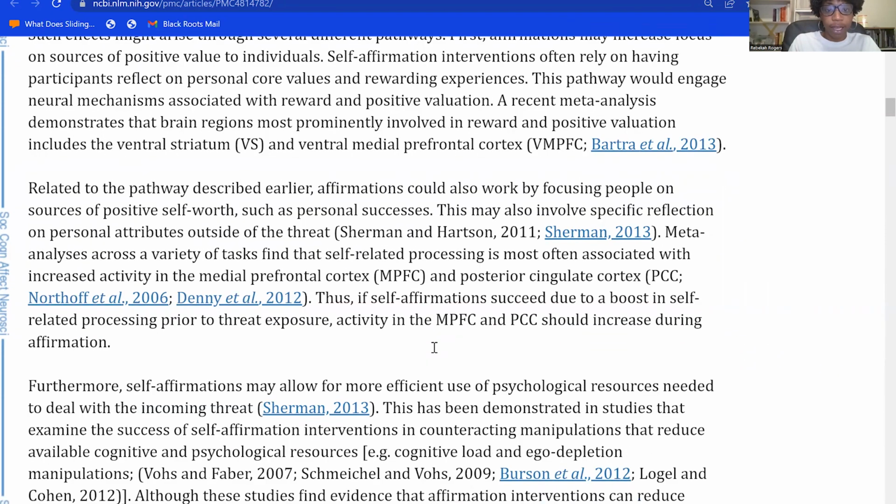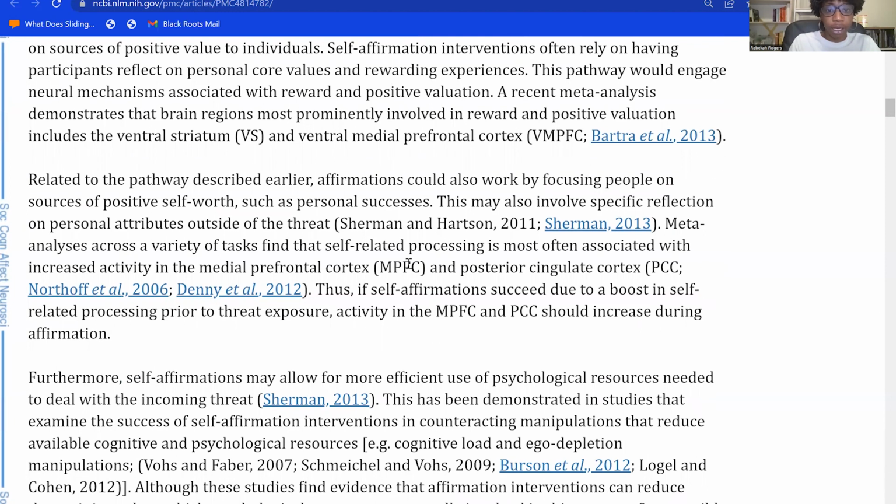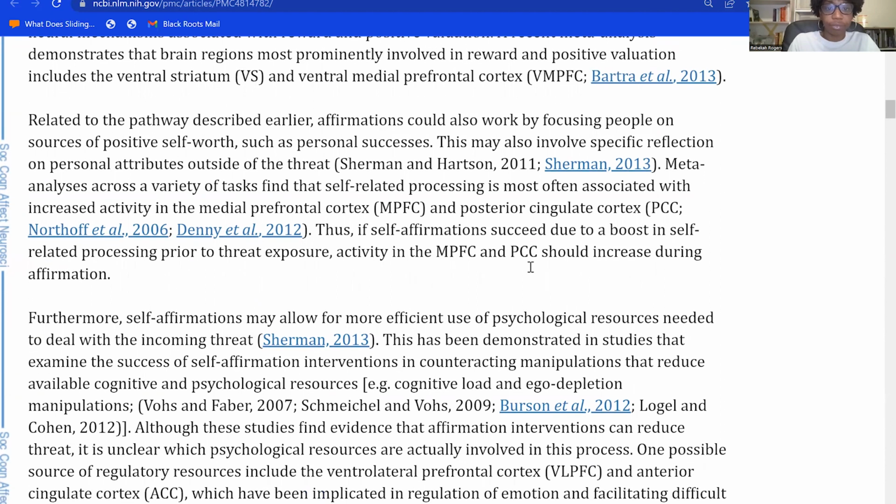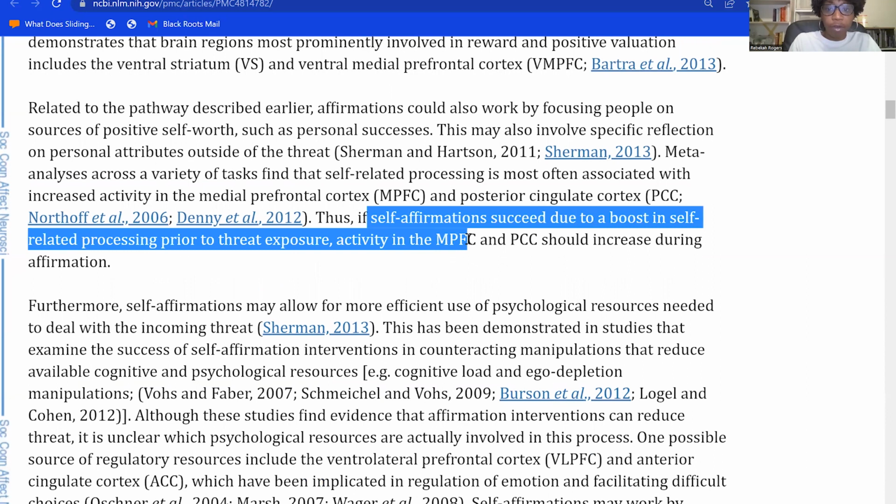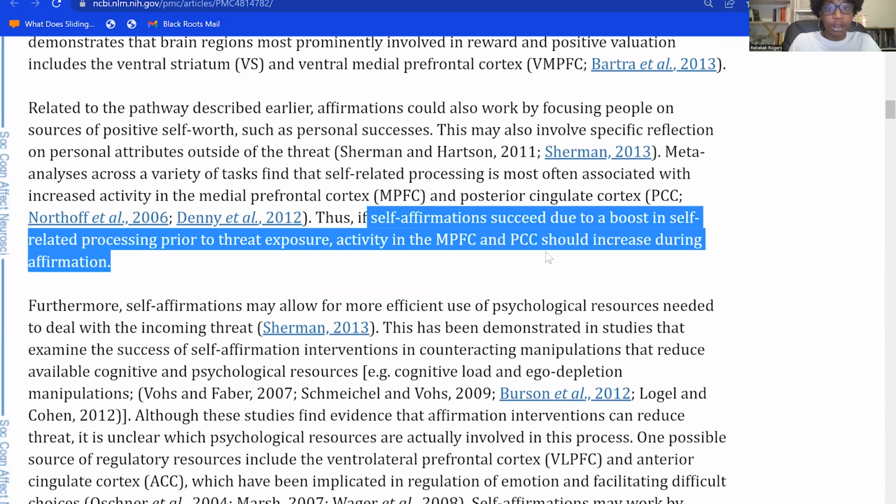Meta-analyses find self-related processing most often associated with, okay, so now we have the medial prefrontal cortex and posterior cingulate cortex. So now we've got at least four different areas of the brain that they're going to be looking at, and they have the research to talk about why or where those areas of the brain came from. So if self-affirmation succeeds, activity in this should increase during affirmation.